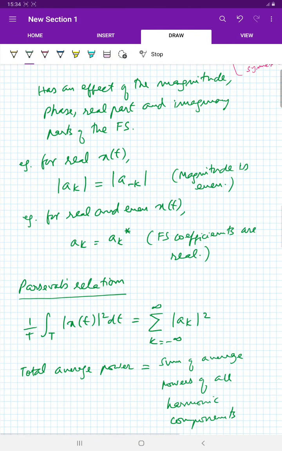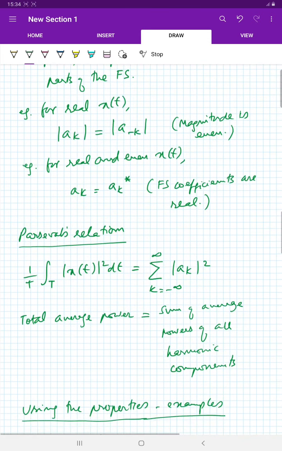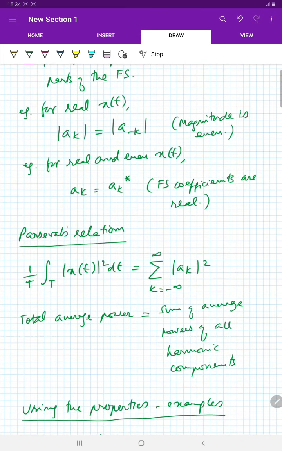The last property is that of Parseval's relation. It means that the energy over one period in time is equal to the energy of the Fourier series coefficients. So the total average power is equal to the sum of average powers over all harmonic components.